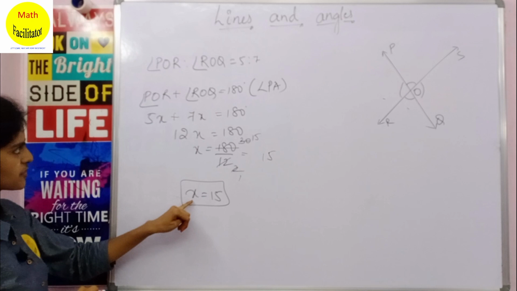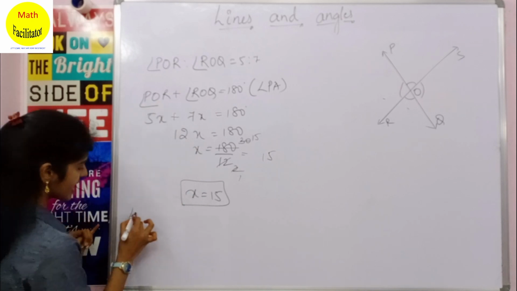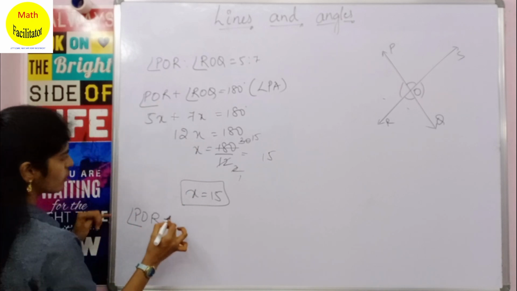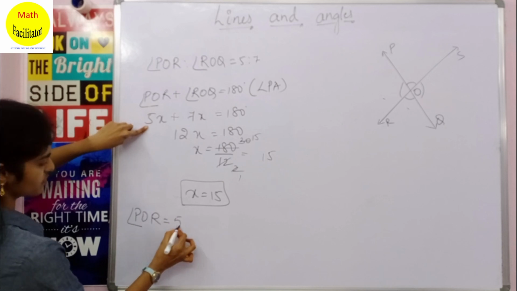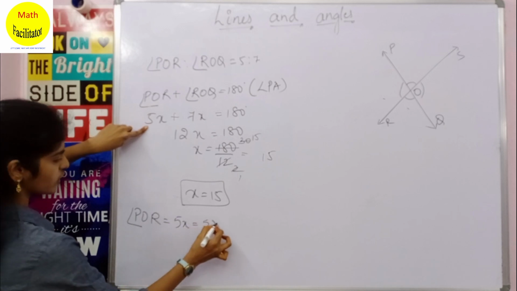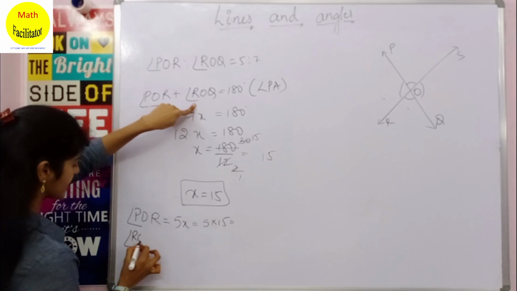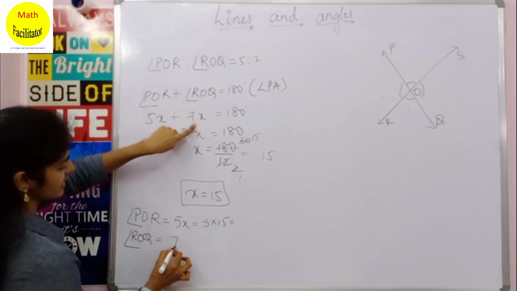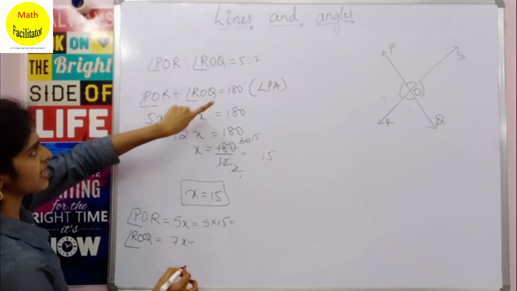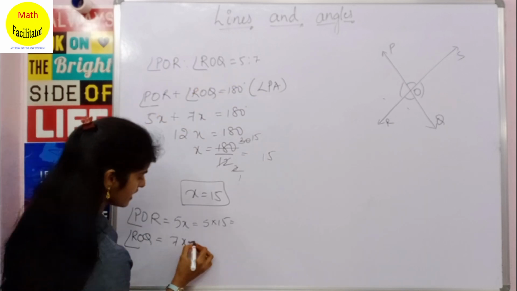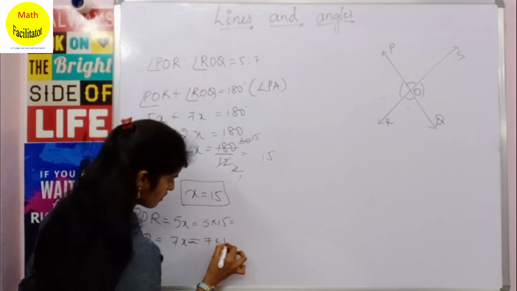So substitute this value here. What is angle POR? You have taken it as 5x, so it is 5 into 15. Now angle ROQ, you have taken it as how much? 7x, because the ratio is 5:7, it is given. So it is 7 into 15.